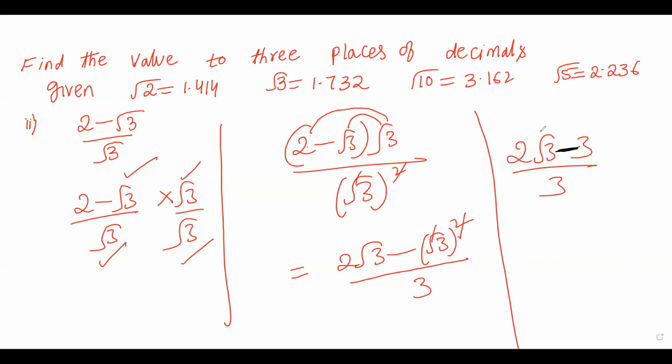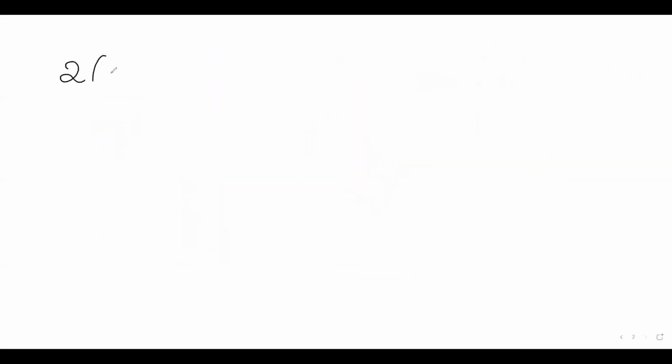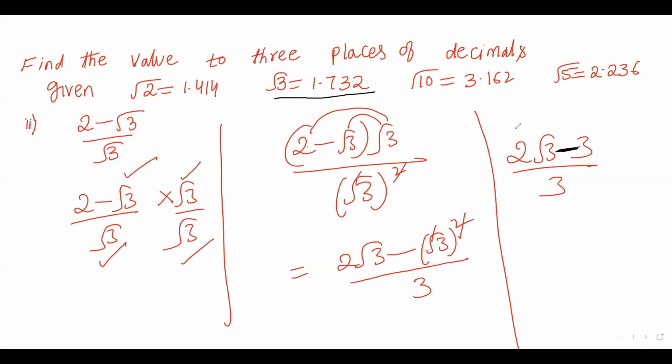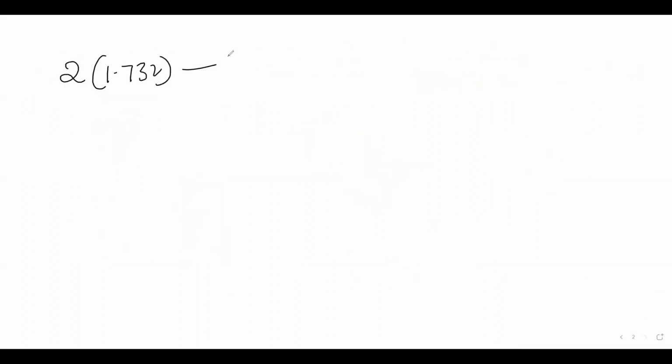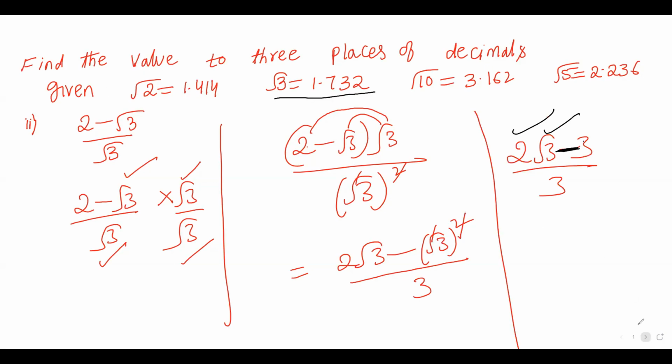So let us substitute this root 3 value. You can see what root 3 value is. It is given over here, 1.732. So on the next page, 2 into root 3 value, 1.732, minus 3 by 3.